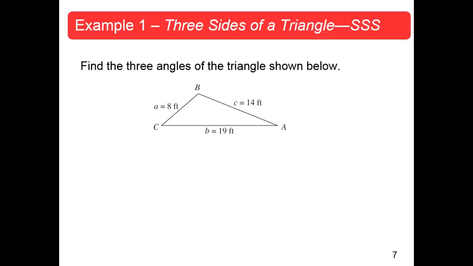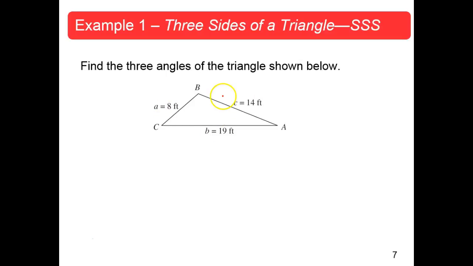Okay. So here we go. Find the 3 angles of the triangle shown. And this is starting off with a side, side, side. Now, they started you with one that is going to illustrate something you always need to keep in mind with law of cosines.